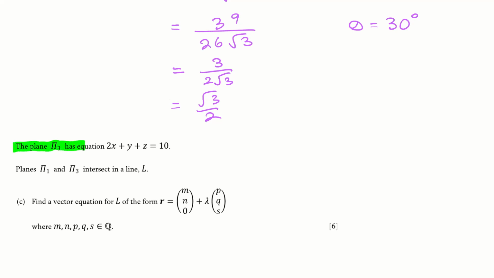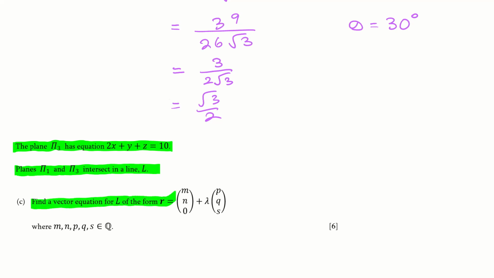The plane pi3 has equation 2x + y + z = 10. Planes pi1 and pi3 intersect in a line L. Find a vector equation for L in the form r = (m, n, 0) + lambda (p, q, s), where m, n, p, q, and s are rational numbers.